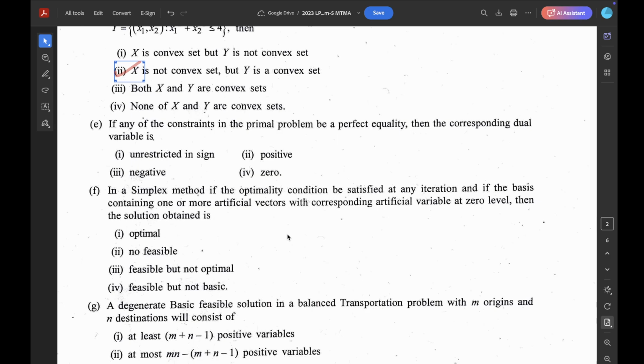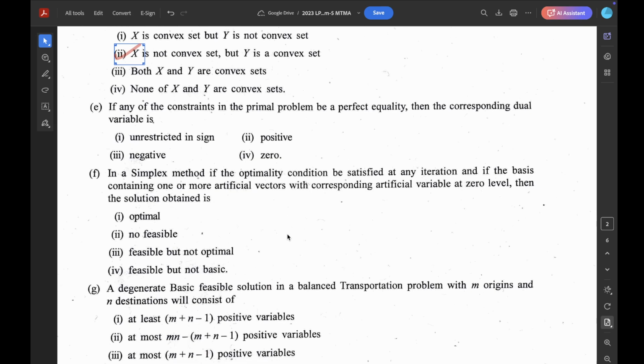Question 1e. If any of the constraints in the primal problem be a perfect equality, then the corresponding dual variable is: option 1, unrestricted in sign, option 2, positive, option 3, negative, option 4, 0.